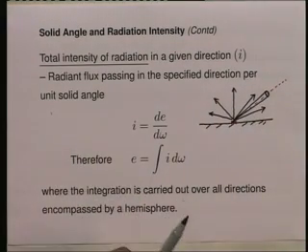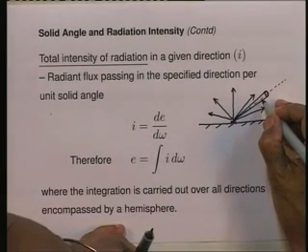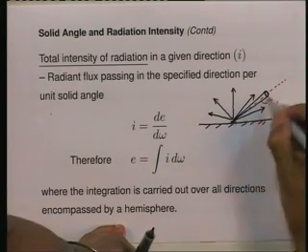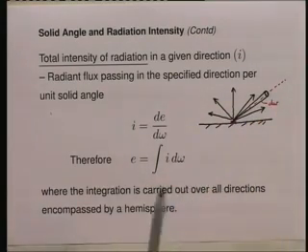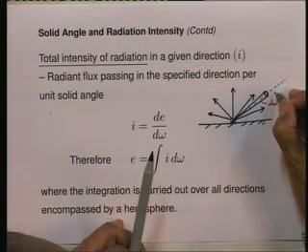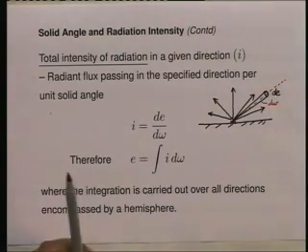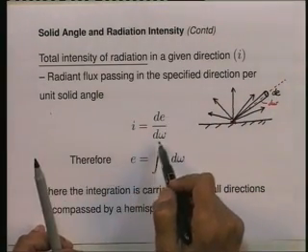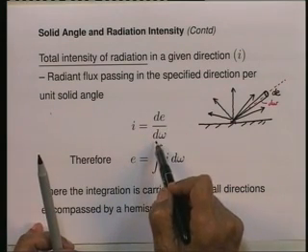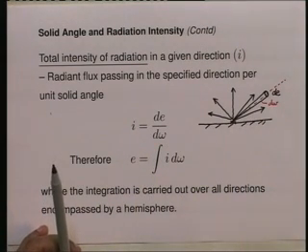Let us say through this elementary solid angle d omega, the radiation which is being emitted from this surface is dE. Therefore, I is nothing but dE upon d omega, the radiant flux emitted per unit solid angle in a particular direction.